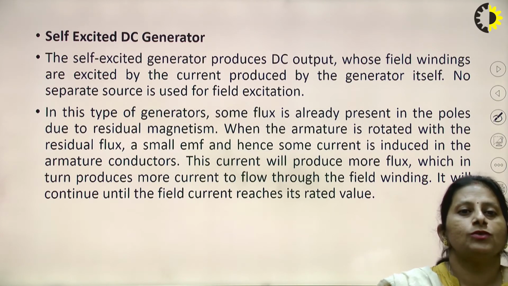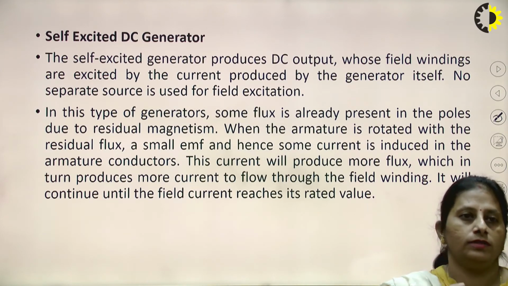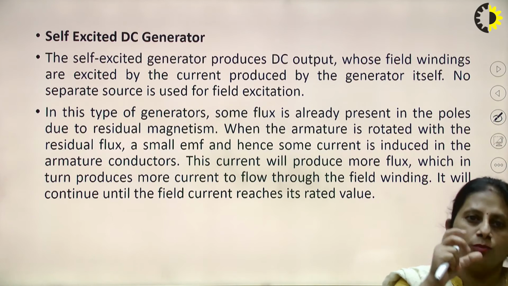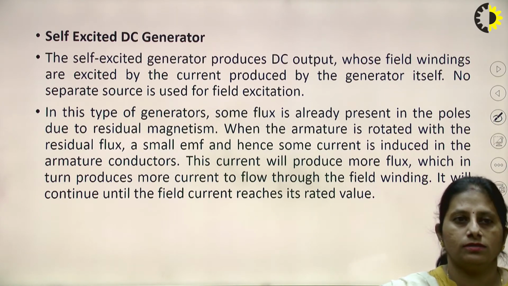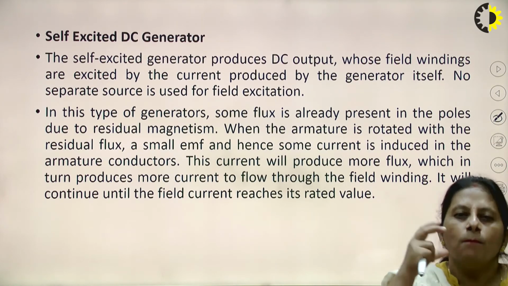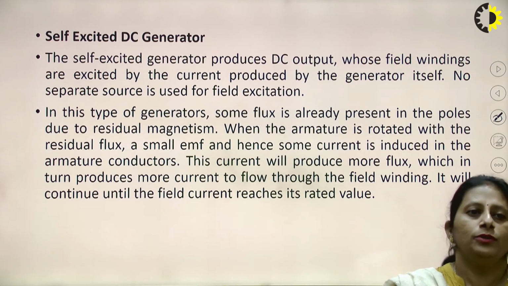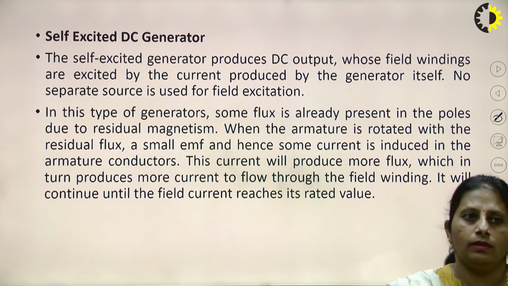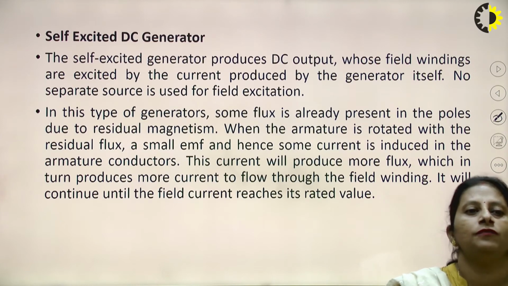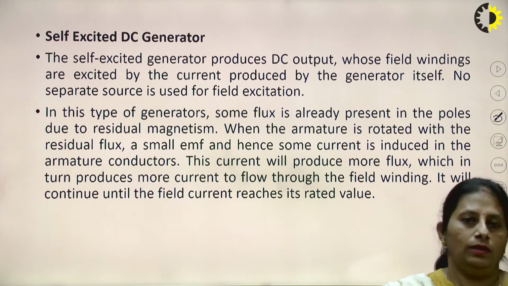When the armature is rotated with that small residual flux, a small EMF and hence a small current is induced in the armature conductors. This current produces more flux, which in turn produces more current to flow through the field winding. This process continues until the field current reaches its rated value.